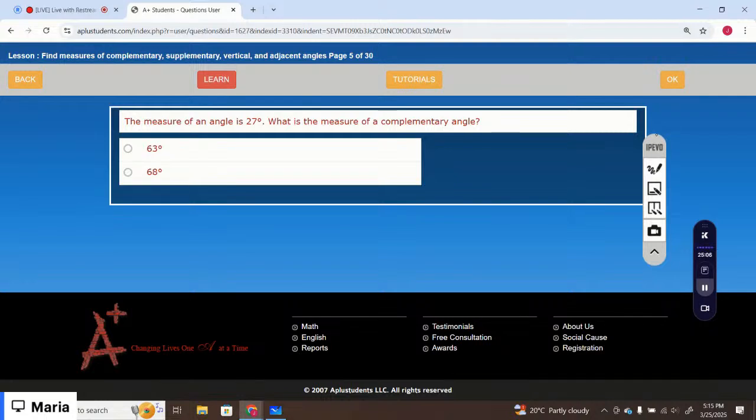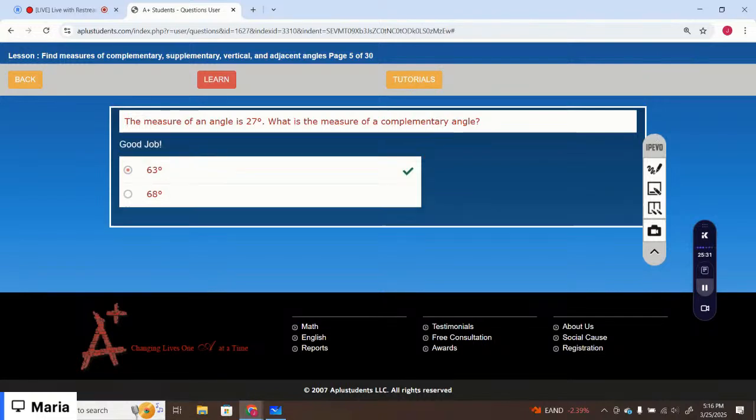The measure of an angle is 27 degrees. What is the measure of the complementary angle? That is 63 degrees. Option number one is the correct option.